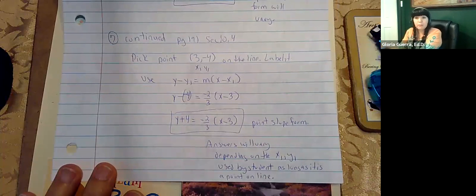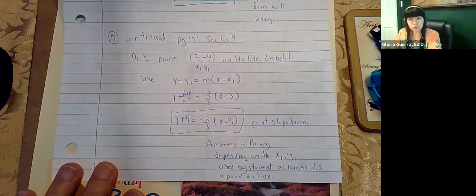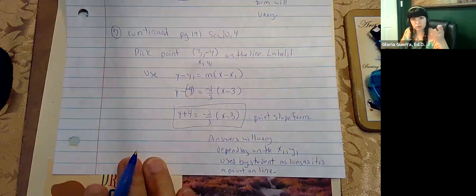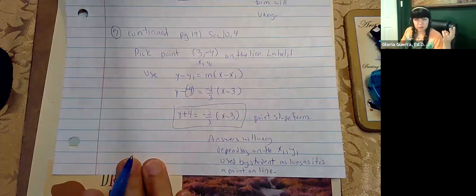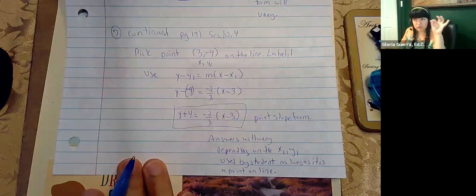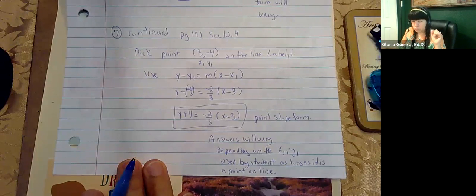And as long as your m was calculated correctly, so I showed you 2 ways to double check your m. As long as your m is correct, and as long as you pick a point that's on the line, no fraction, no decimal, a good integer where it crosses the grid right at an integer coordinate, then we're good.